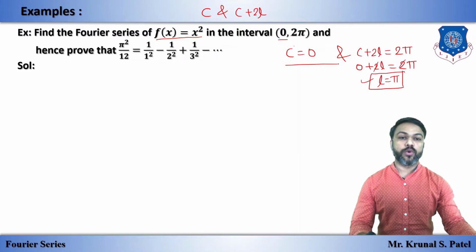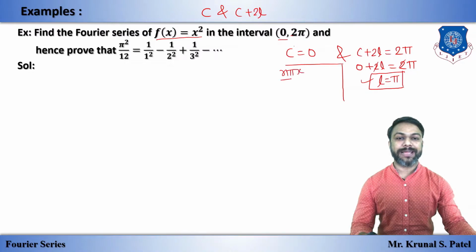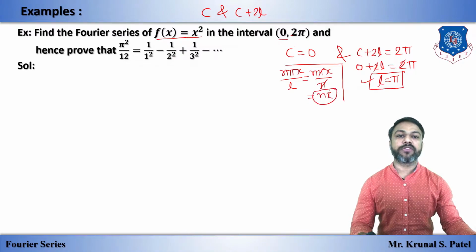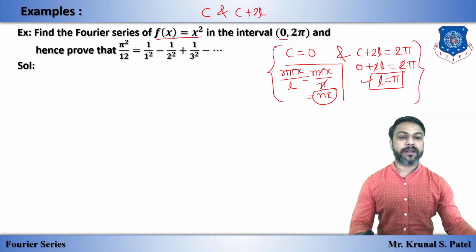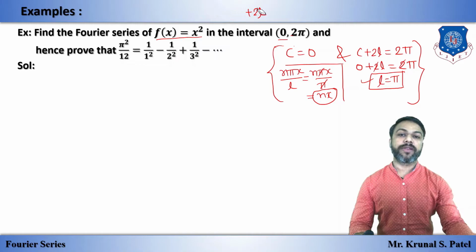Throughout this example, we will use L equal to pi. In the general formula of Fourier series, we have the angle n pi x by L. Here L is pi, so pi cancels out, and we have the angle nx. So in this example we will use the angle nx. Do this rough work before starting.